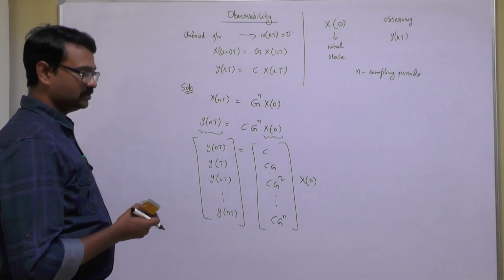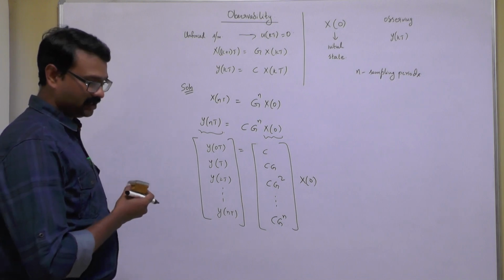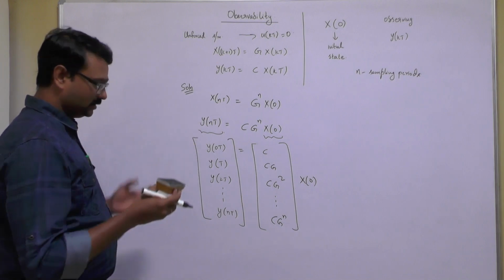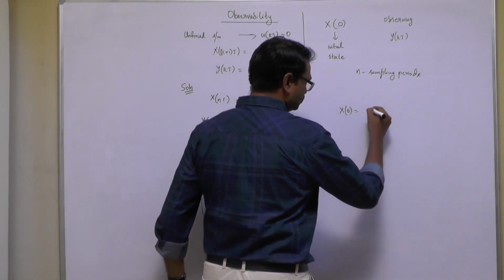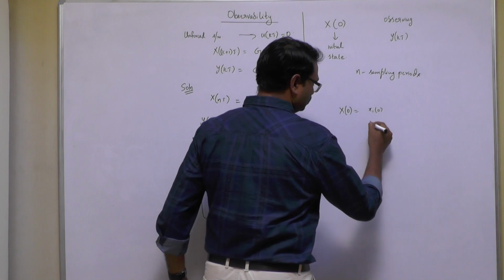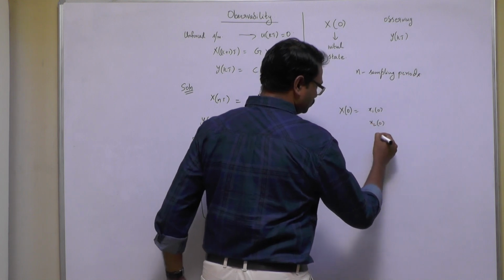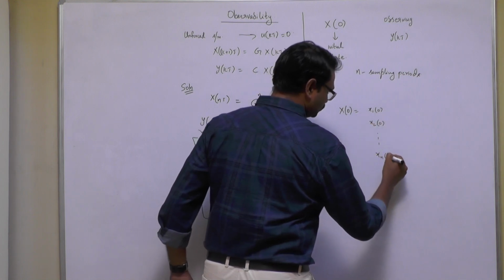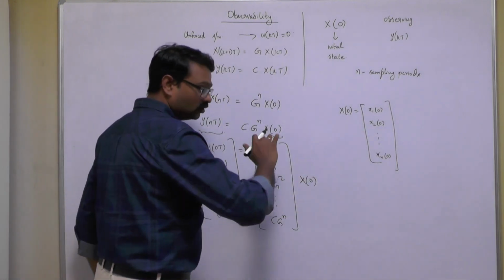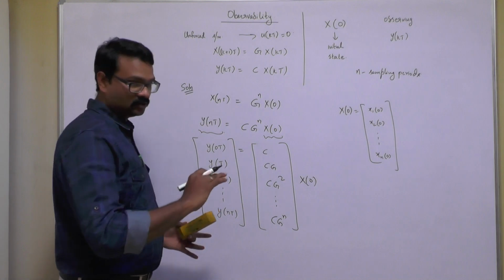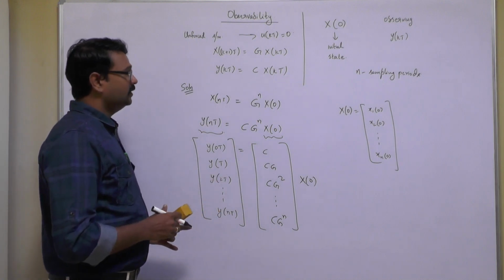Okay, now C is a matrix, you know it is a matrix of that form, right? And x of 0 is x10, x20, so on, xn0. And C is a row matrix, CG is also a row matrix, right?